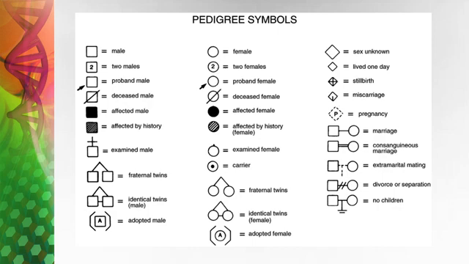A line joining a male and female is called a mating, while a consanguineous mating is shown with two lines. Each pedigree chart gives information about the inheritance of a single trait within a family.